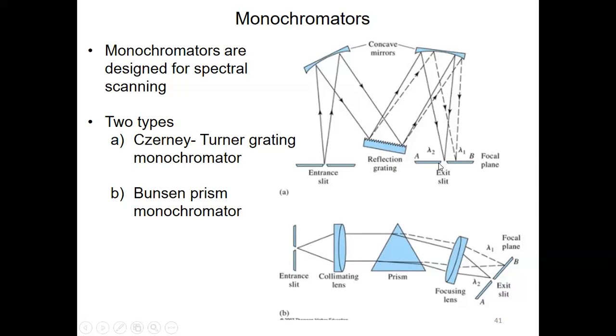And now there's an exit slit. If we place the exit slit here, only the lambda 2 wavelength will exit from the slit, right? Only this particular wavelength will exit from the slit and go to the sample.